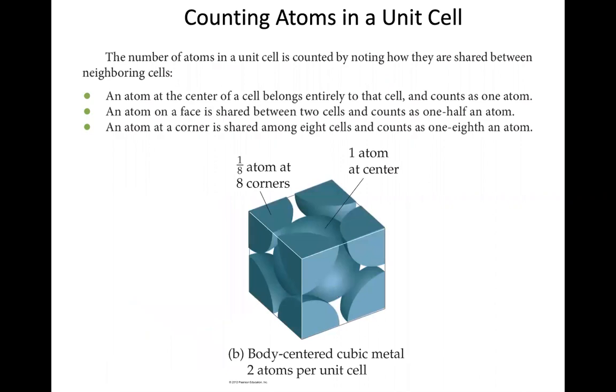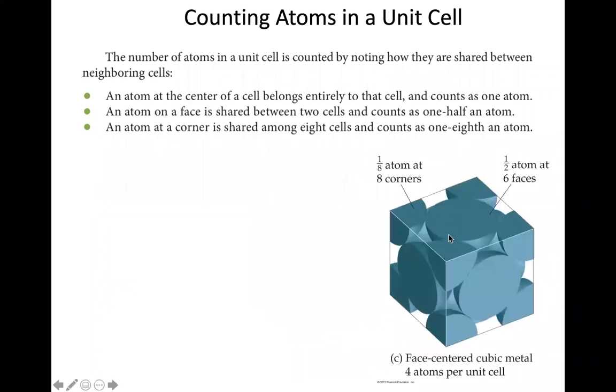It doesn't have to be shared at all. But the ones that would be on the corners, those would all have a 1/8 contribution when we're adding up how many atoms we have in a particular unit cell. Last thought within here is, what if it has ones along the face? If they're along the face, they would be half in one unit cell and half in the neighboring one.